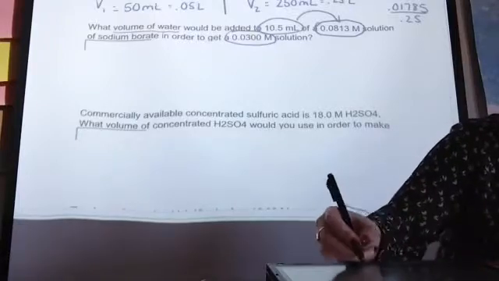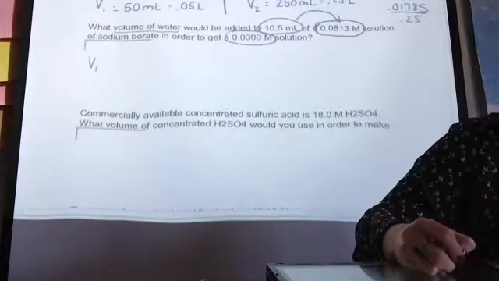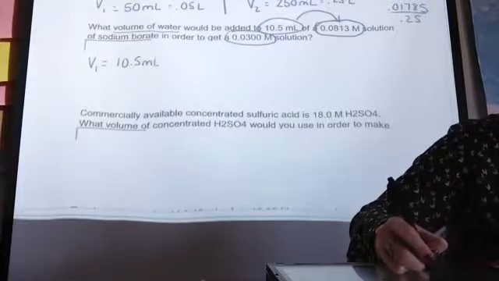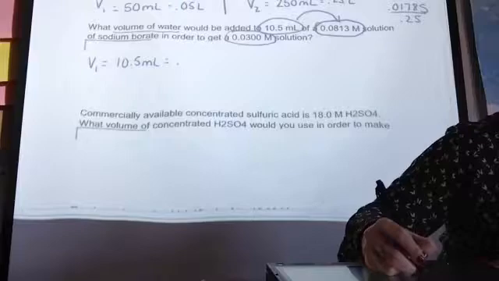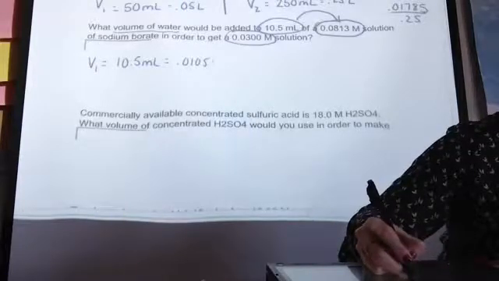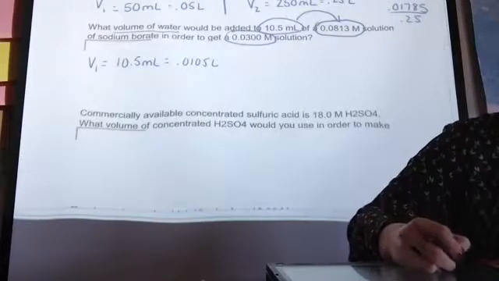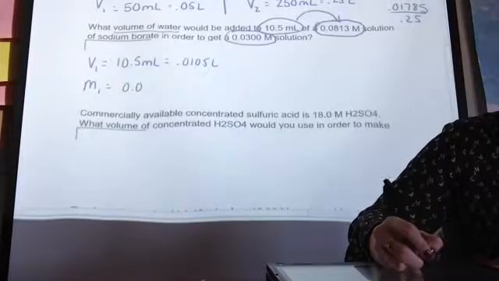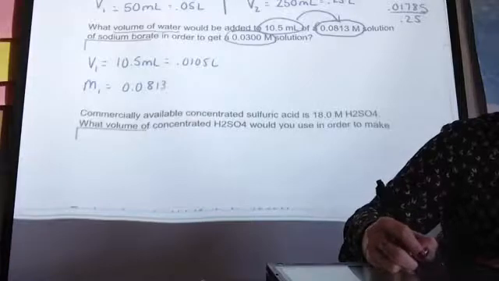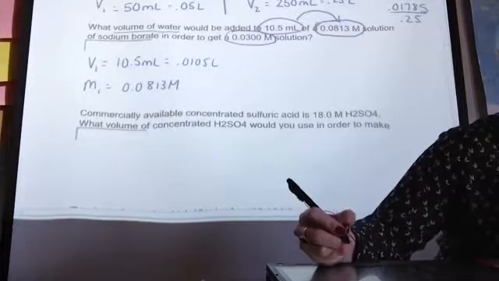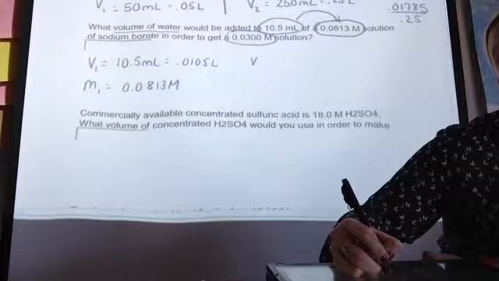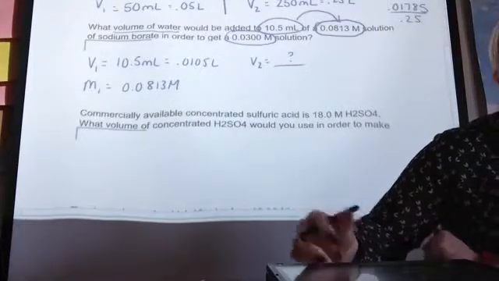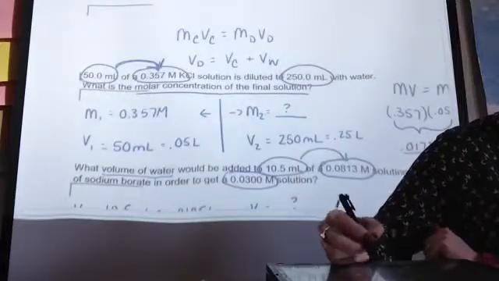I have my first volume, which is 10.5 milliliters, which is equal to 0.0105 liters. I have my original molarity, which is 0.0813. I need to find my final volume so that I can use it to find the volume of water.